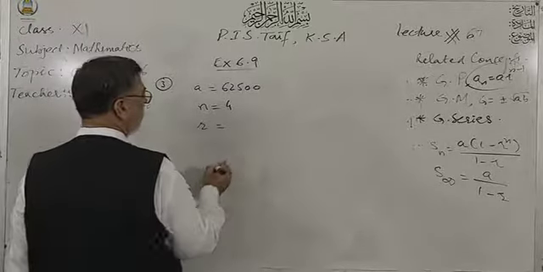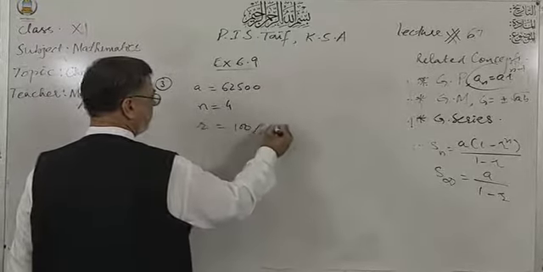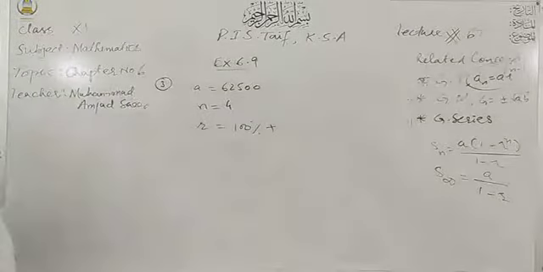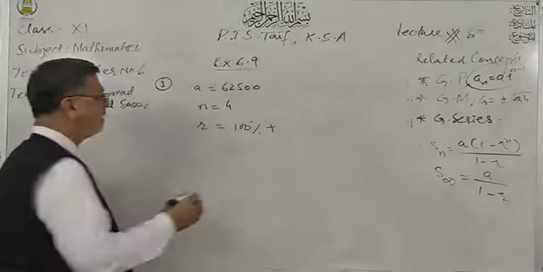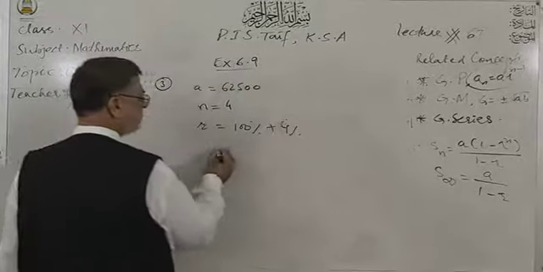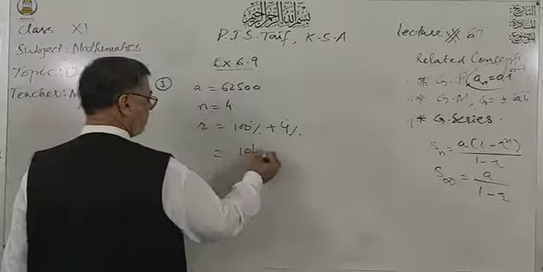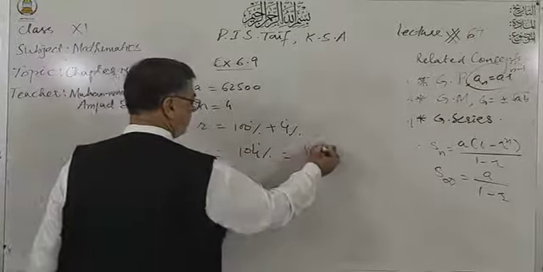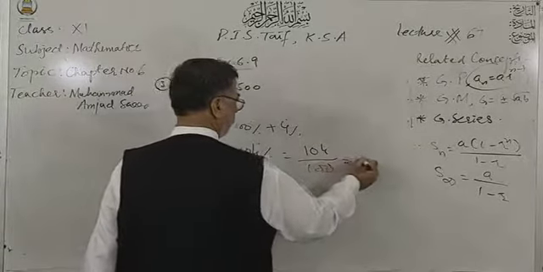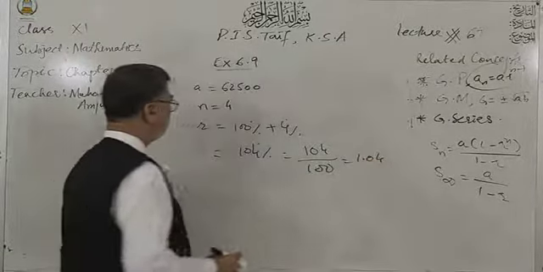Now this population increases geometrically at 4% annually. Dear students, you can say this is 104%, 104 over 100, 1.04.